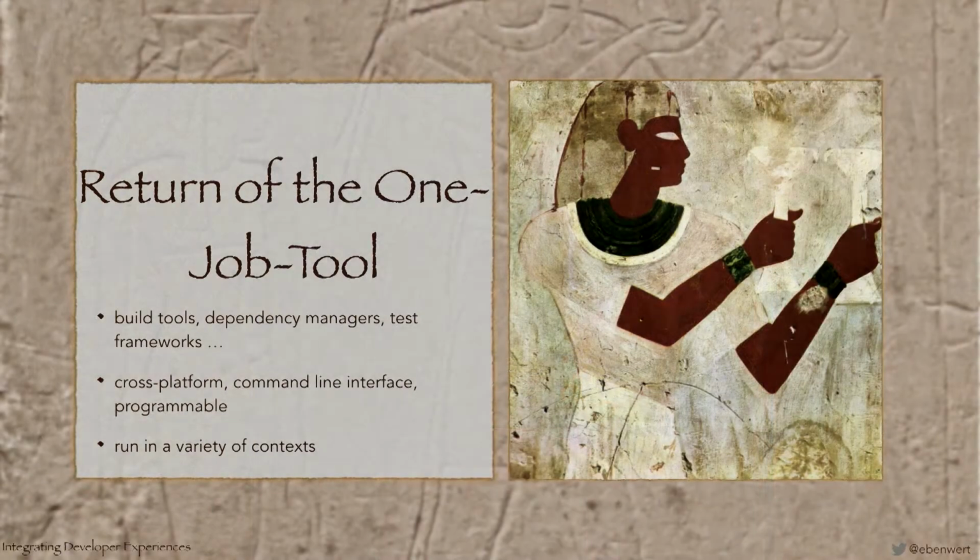But first, step back. So we've had manual tools on the command line. We've had an IDE, which integrates everything. But increasingly, we've been working again with one-job tools that you can run on the command line in a variety of contexts, like also from the IDE, from the command line, from a CI server tool.